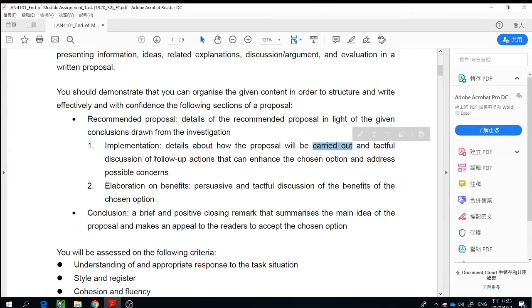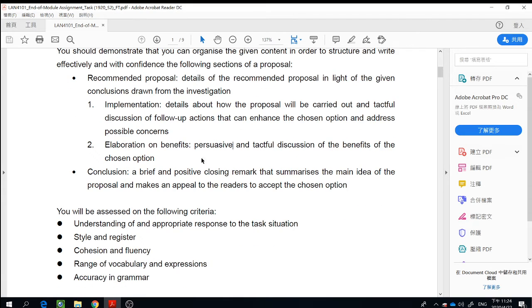What are the follow-up actions, and what sort of implementation measures should be done. And how to address the possible concerns. What are the possible problems, and what kind of suggestion will you make to address those concerns? And then you should explain the benefits one by one. And then don't forget that you should give a brief conclusion about the idea.